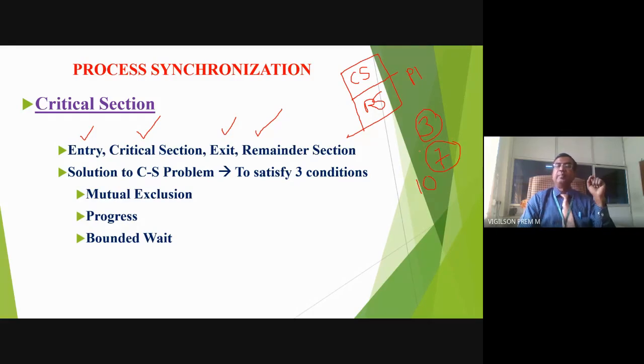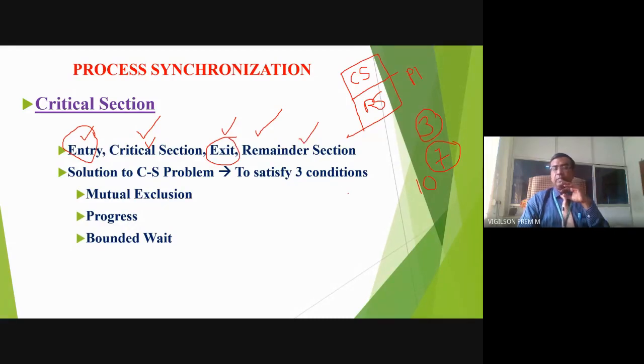Before entering into the critical section, we have to get permission from the operating system. That is entry. After using the critical section, we have to inform the OS that I have completed my work. Then you can do the remainder section.